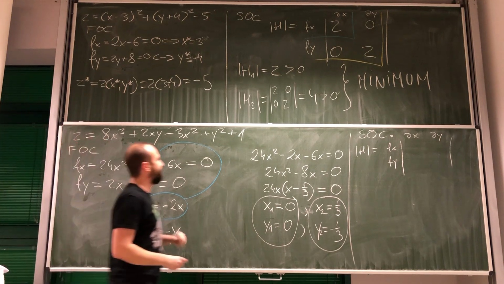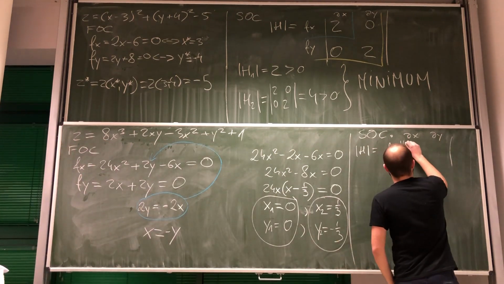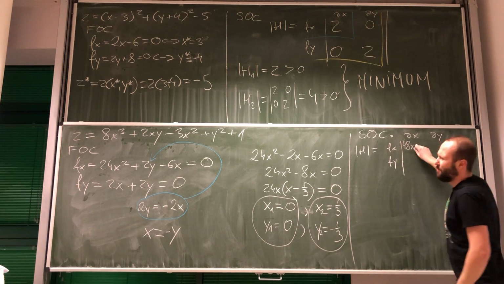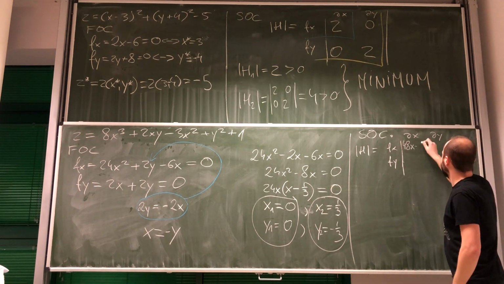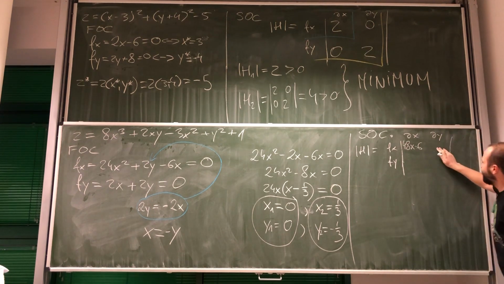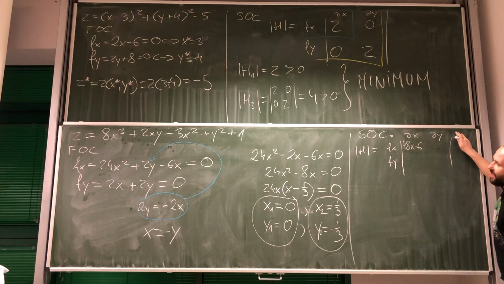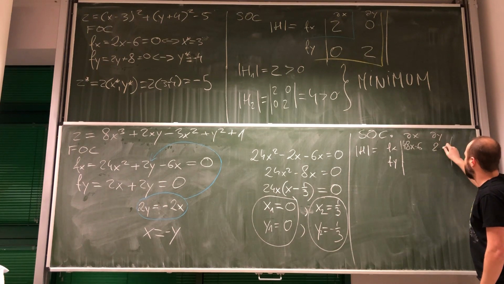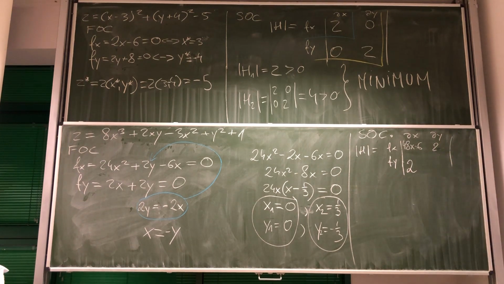We get that this is 48x minus 6. If I differentiate this first with respect to x and then with respect to y, I'm going to get 2. If 2 is over here, 2 is going to be over here, and of course it is if we differentiate this with respect to x.